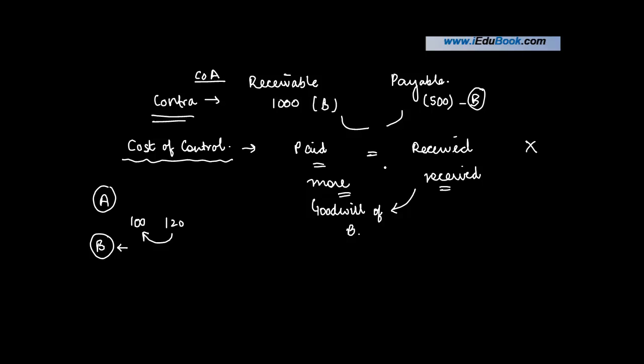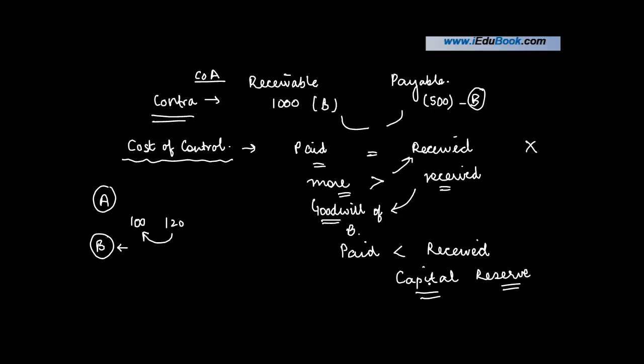So if you pay more than what you receive, you are paying for the goodwill. So when the paid is greater than received, then the difference between the two is goodwill, while if the paid is less than received, that is the case of a capital reserve, which means that I have actually gained something at the time of investment itself. I paid 90, but what I got was 100.